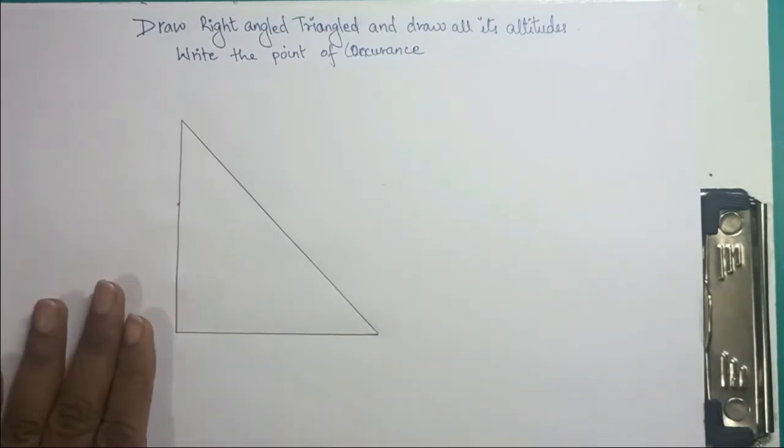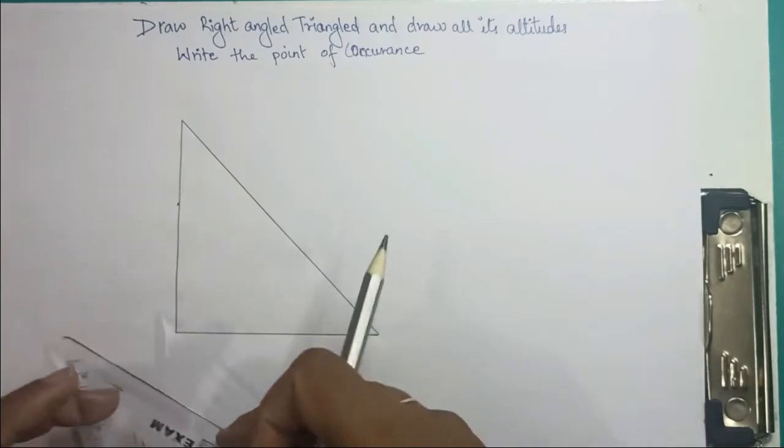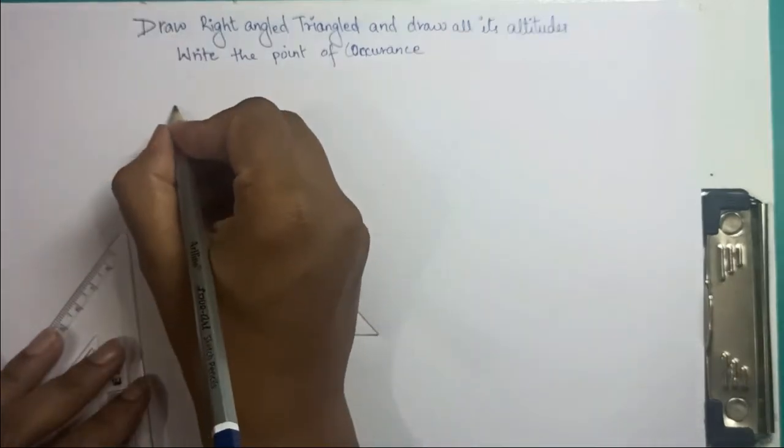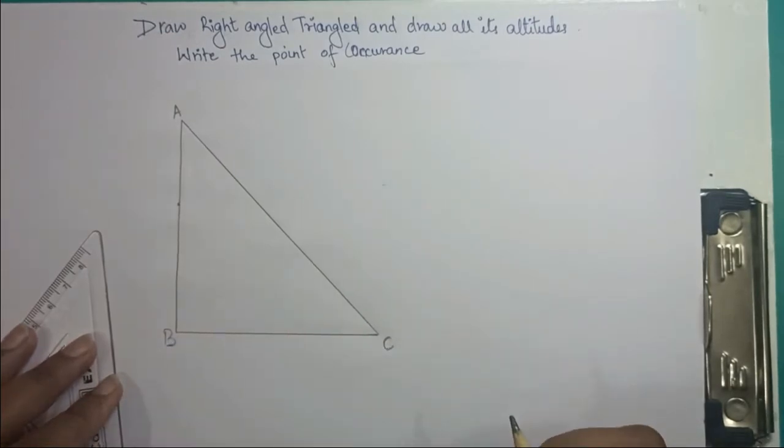So this is my right angle triangle, correct? Now let us use a set square. I'll mark my right angle triangle as ABC.